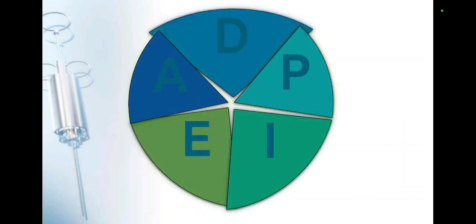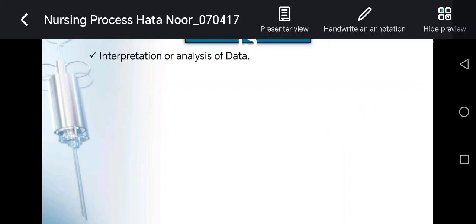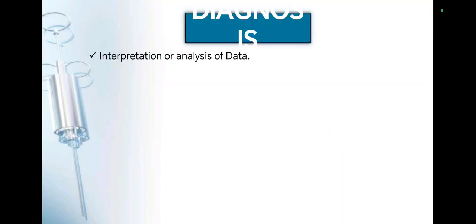Okay, so now let's proceed to diagnosis. So after gathering those types of data, subjective and objective data, we will go to diagnosis. Now, what are we gonna do in this phase? Now, we will do interpretation or analysis of data.